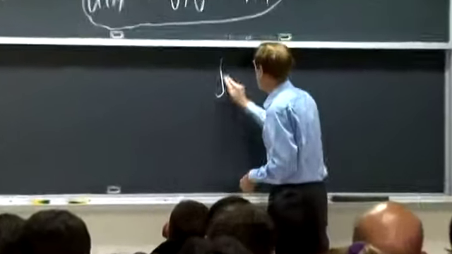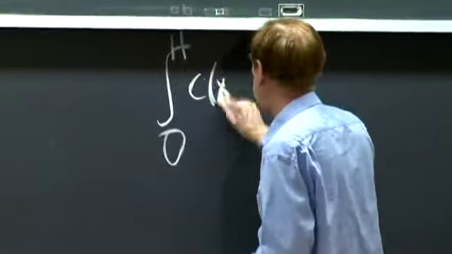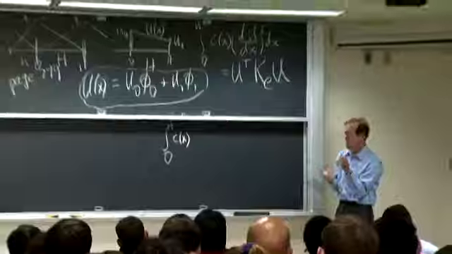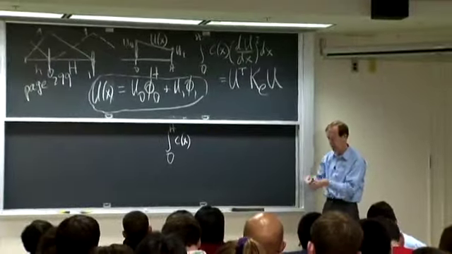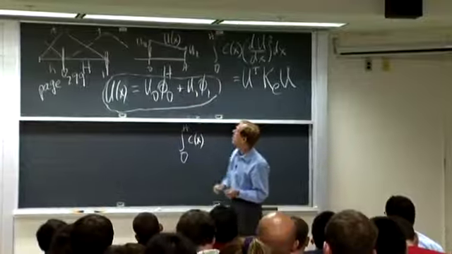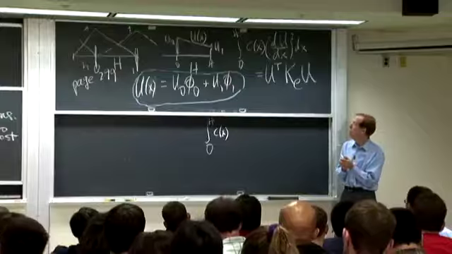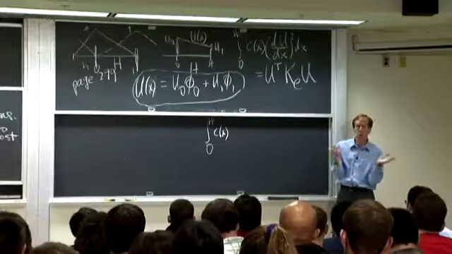So it's an integral from 0 to h of whatever my c of x might be, and I'll make a comment on that. But my focus here is what's du dx? What's the derivative? And then I'm going to square it, for that picture. The slope is obviously u1 minus u0 over h.